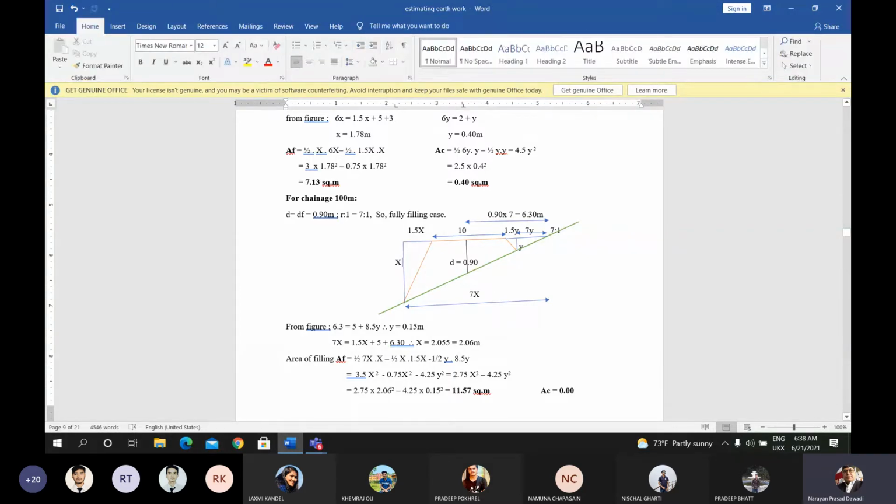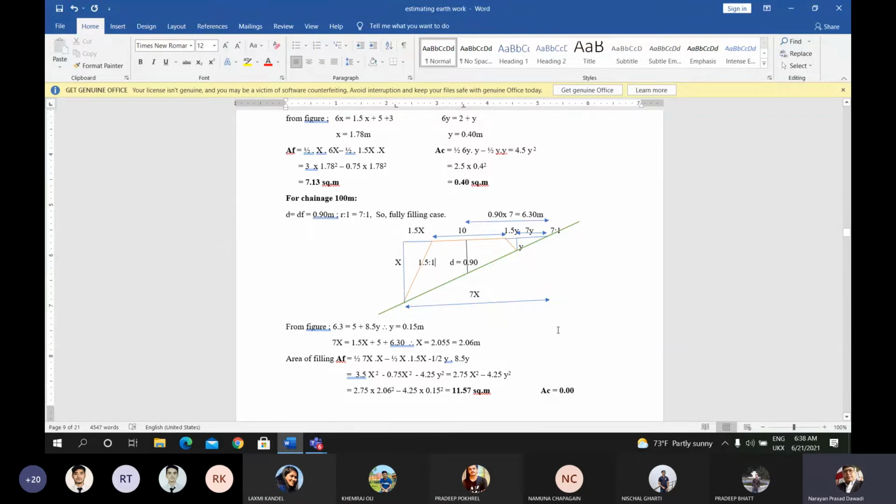For the slope of this figure, the slope is 1.5:1 for the cutting. So this value is x. For this triangle, the slope is 1.5, so the horizontal distance from this to this will be 1.5x. You can put it in this way.